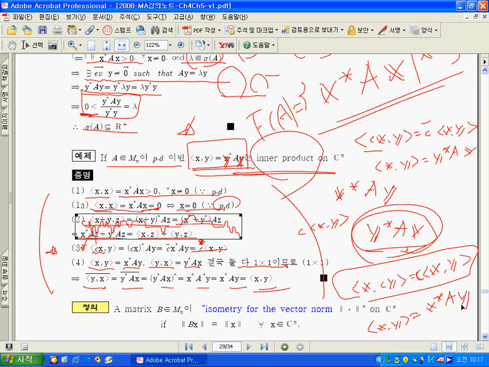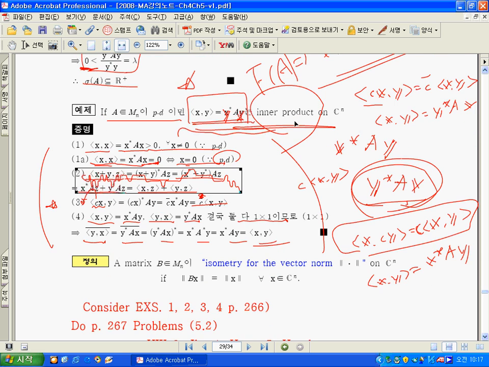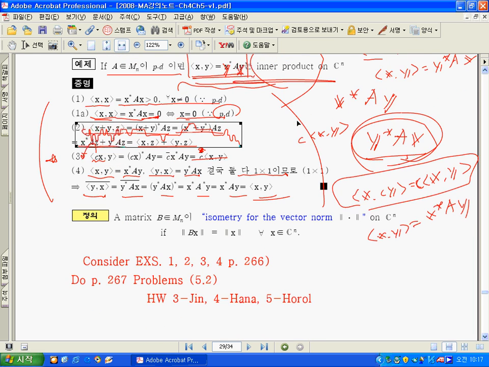So it does work together. It doesn't matter; anyway you define it this way, it's going to be an inner product. So positive definite gives us an inner product without any difficulty.